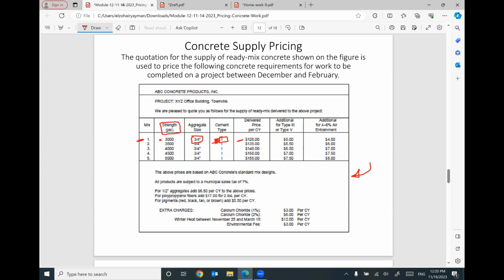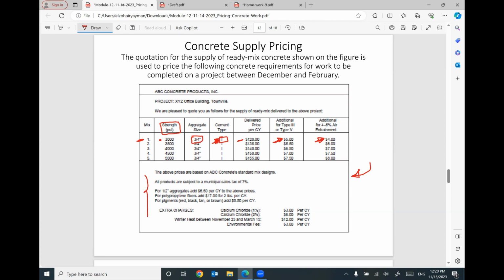So if you change the type of cement, we have extra cost of $5 for each cubic yard. If you need to add air entrainment to make your concrete lighter and permeable maybe, and more insulation against heat, against noise, whatever, we need to add extra cost of $4.